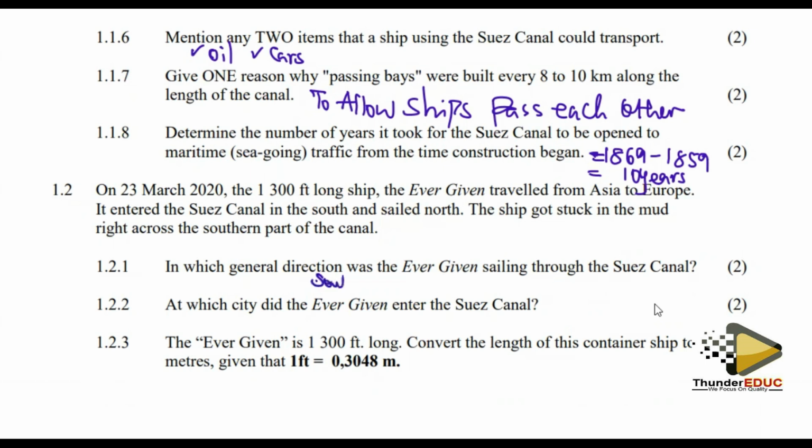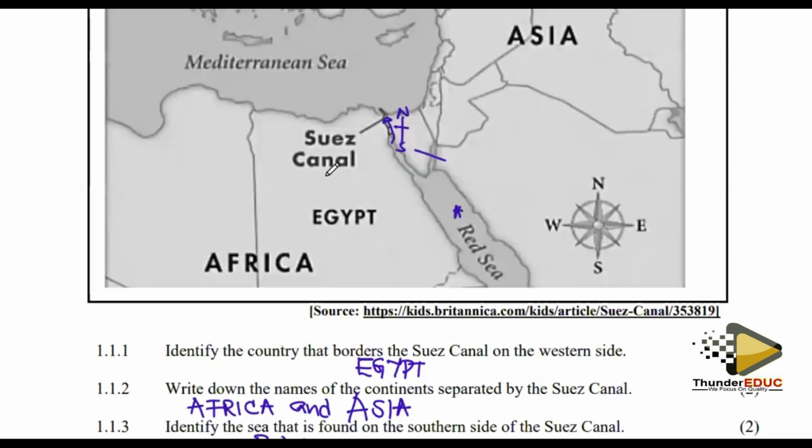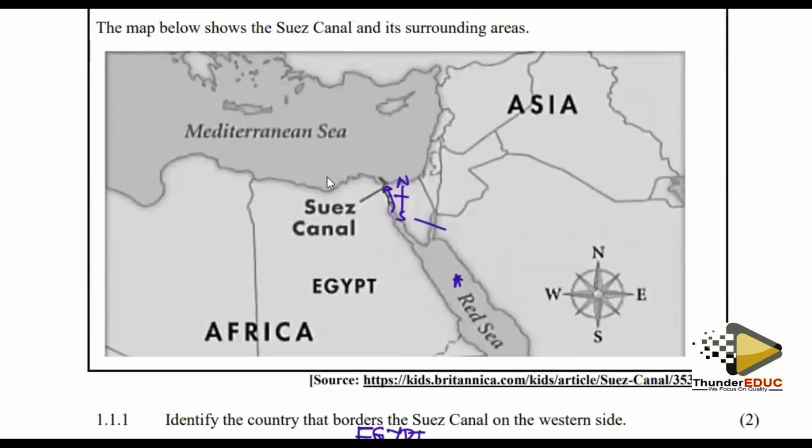It was sailing through the southwest. It's the northwest, not southwest. Because it's here and it's heading that direction. It's going like that. So this is northwest.